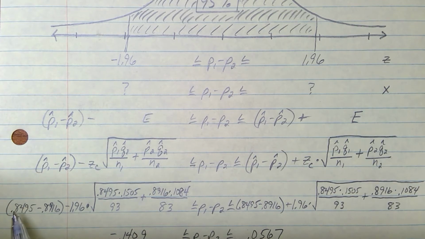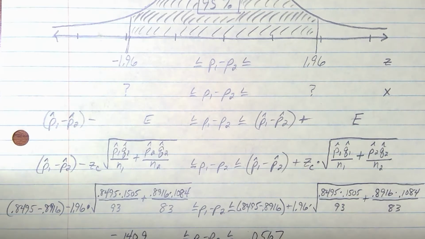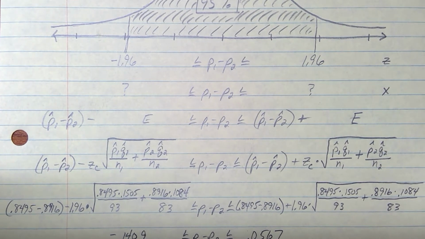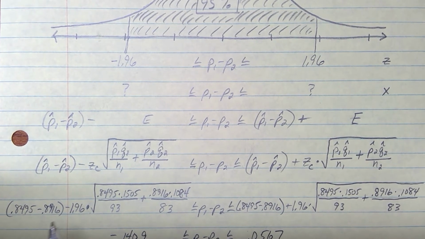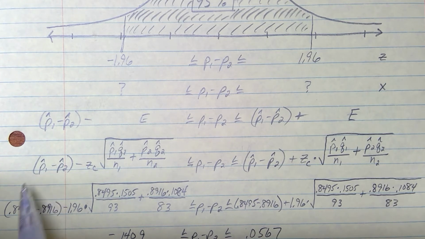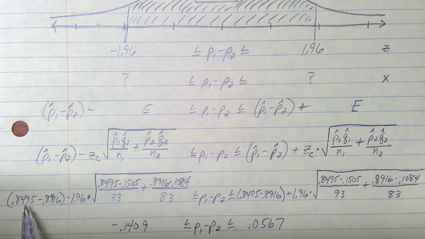So p hat 1.8495. Oops, hang on, we got a glitch. Okay, all better. All right, so we're just substituting those numbers from our information earlier, all right? And notice I just went 4 decimal places, and for me, everything worked out fine.